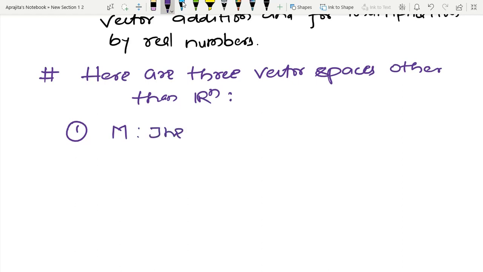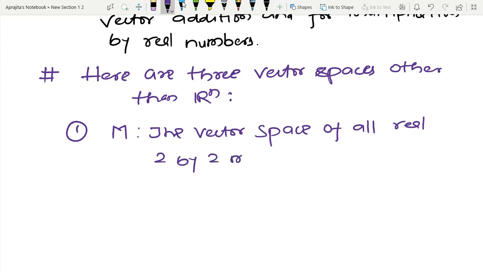The vector space of all real 2 by 2 matrices.